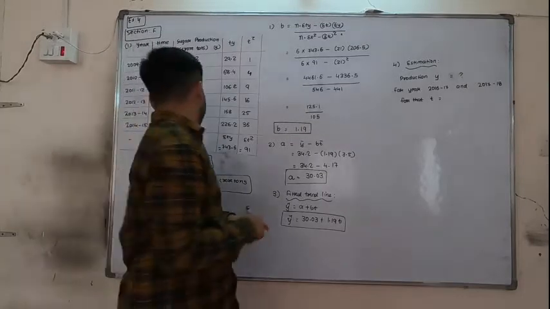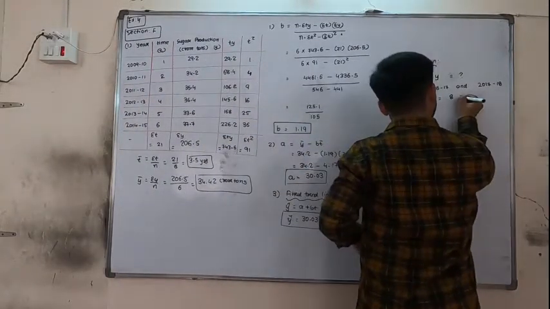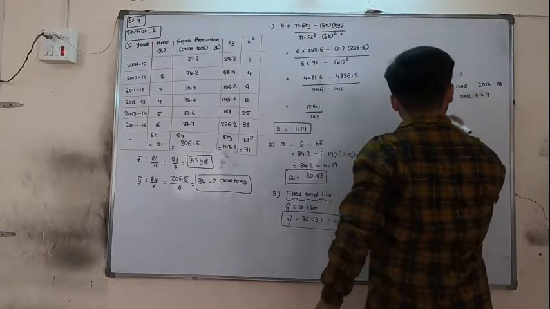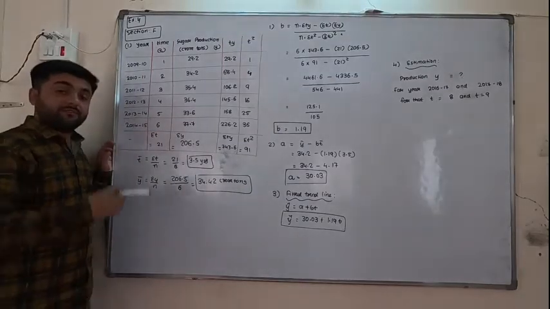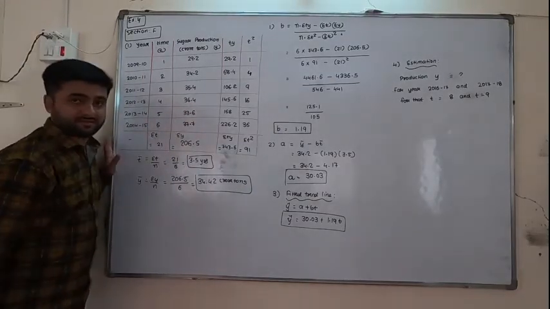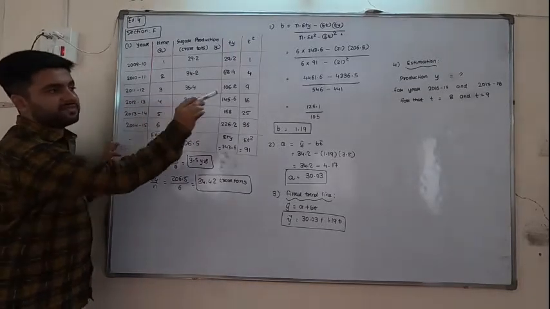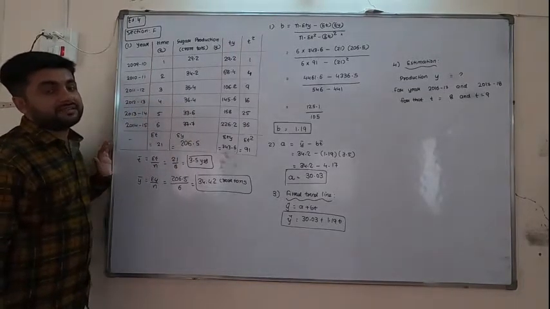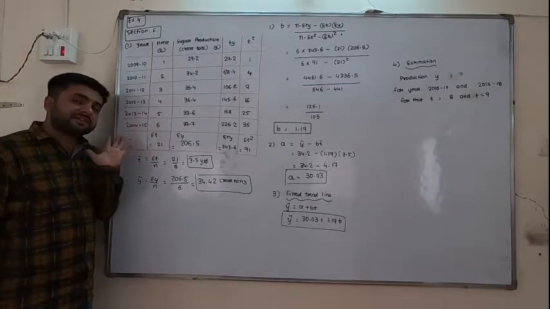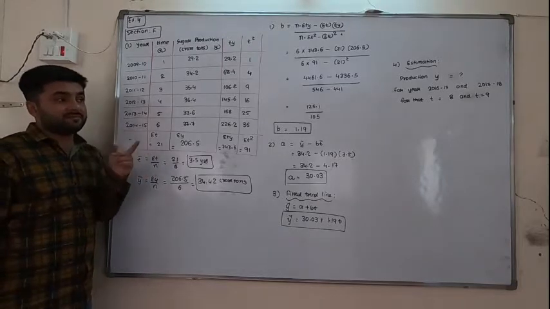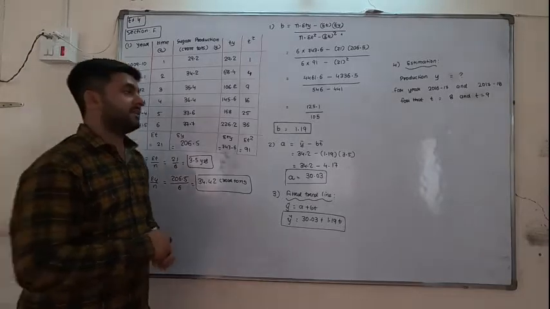We are asked the next thing, so this will be 8 and this will be 9. Why 8 and 9? Because for 14-15 it is 6, so 15-16 will be 7, but we are not asked. We are asked 16-17, so 16-17 will be 8. If you make a single mistake there, and say 7 and 8, then your estimation will be wrong. For 16-17 it will be 8 and for 17-18 it will be 9.